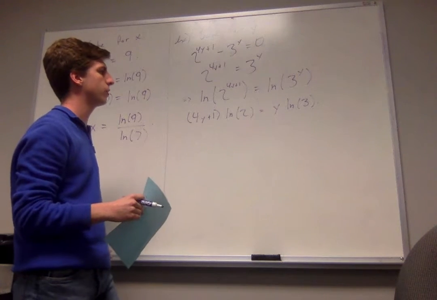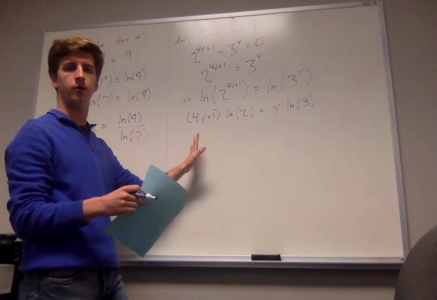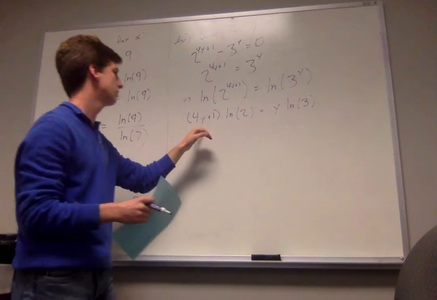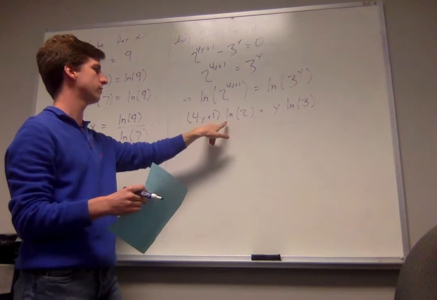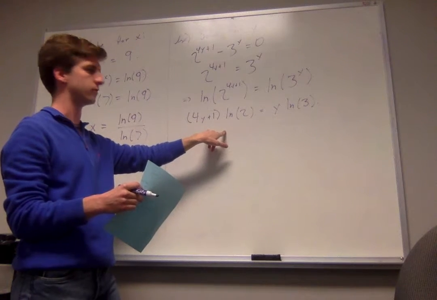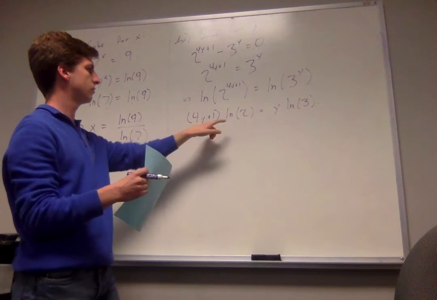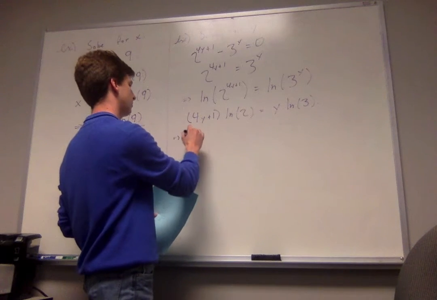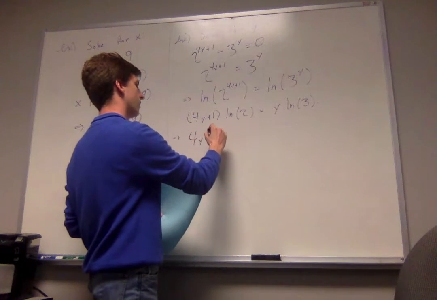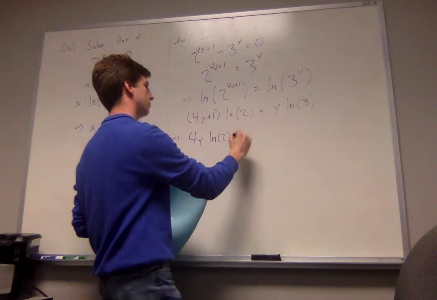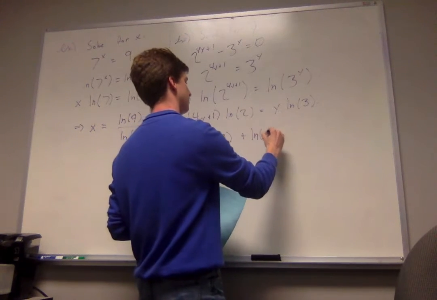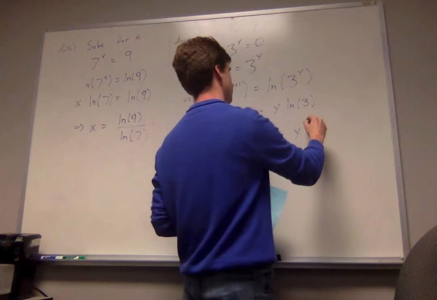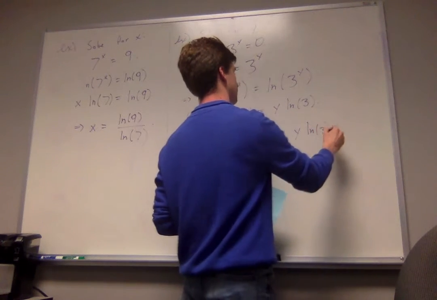So what we want to do here is move all the y's to one side and all the numbers and everything else to the other side. So we need to distribute the term on the left-hand side first. We multiply each term by log of 2 to give us 4y times log 2 plus log of 2 equals, we'll just leave the right side the same, y times log of 3.